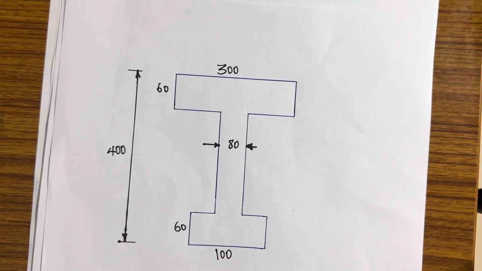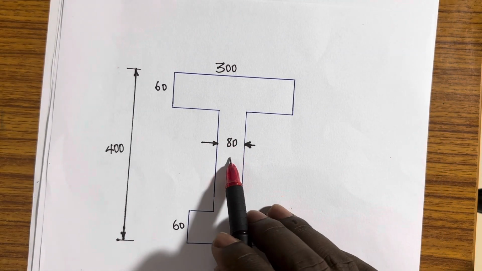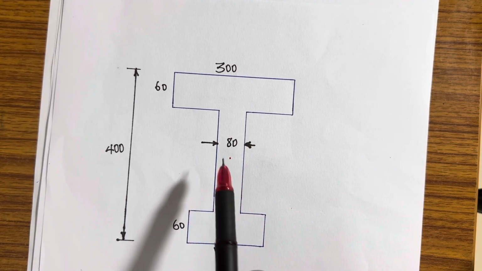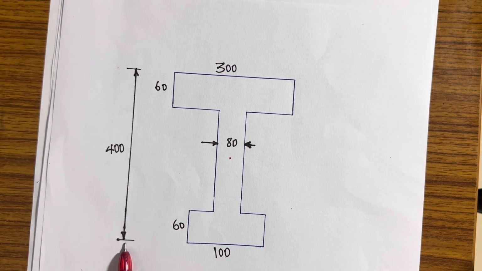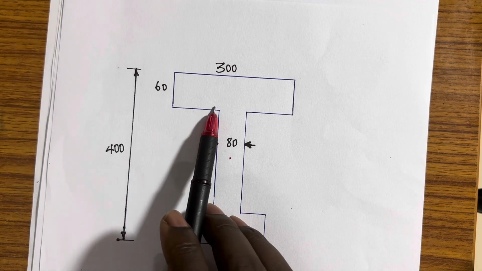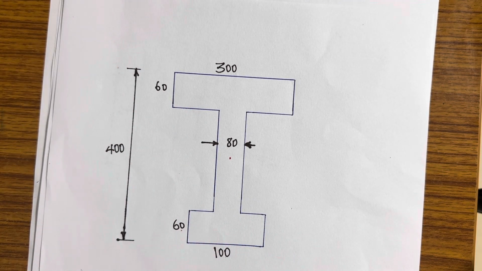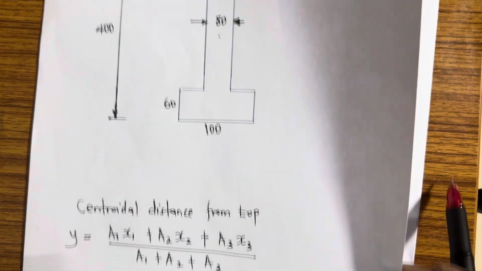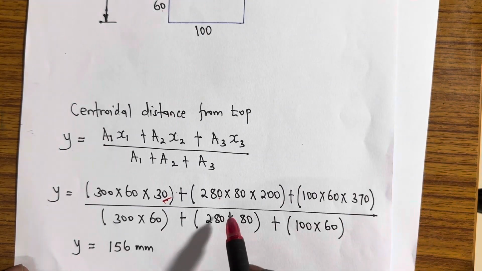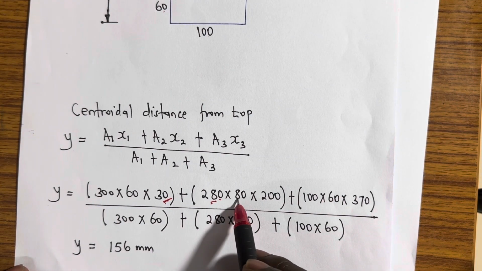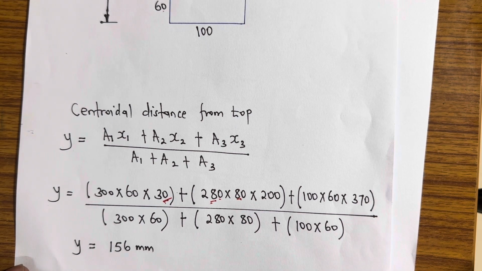Now, the second part, this web. The overall distance is 400. So that means this web is 400 minus 60 minus 60. You remain with 280. So if that is 280, that's why we have here 280 times 80. So that is the area.